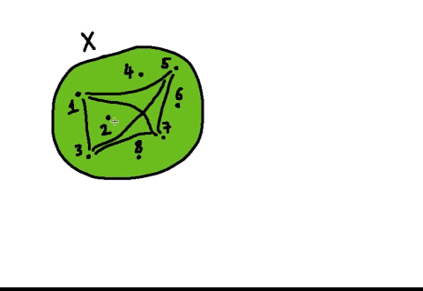So 2 and 8 are both even, so they're related, and 2 and 4 are related, and 4 and 6 are related, and 6 and 8 are related, and then 2 and 6 are also related, and 4 and 8 are related as well.